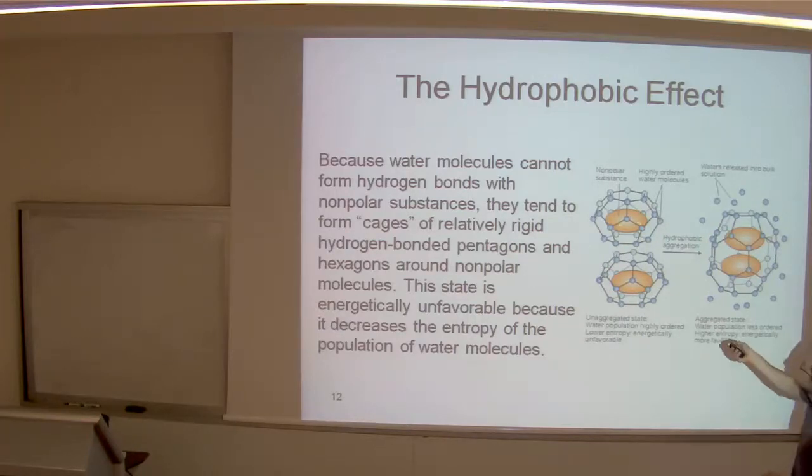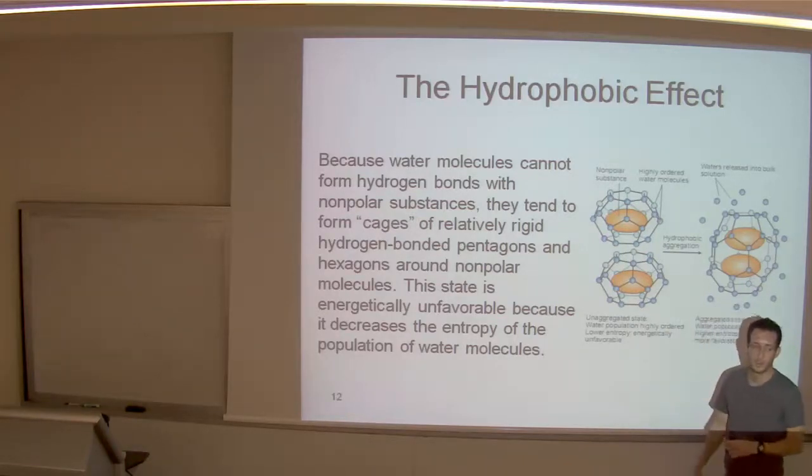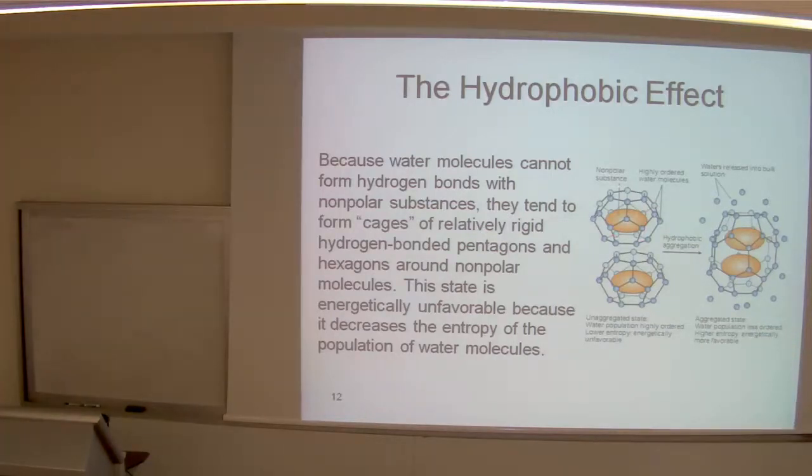If you put such a substance inside water, the water molecules form cages around it, pentagons and hexagons, and these cages have a high degree of order, which means a low degree of disorder, so low entropy. There is a law in thermodynamics that entropy strives to increase, so this is an unfavorable state thermodynamically.